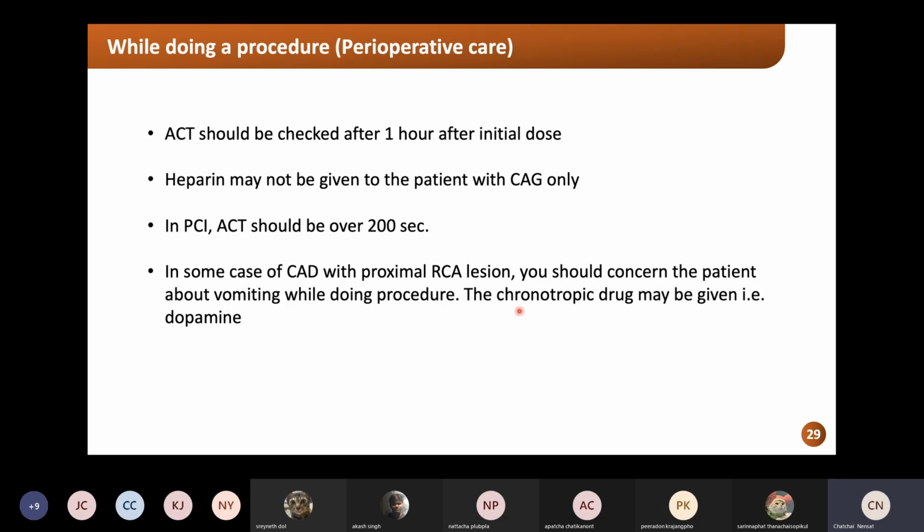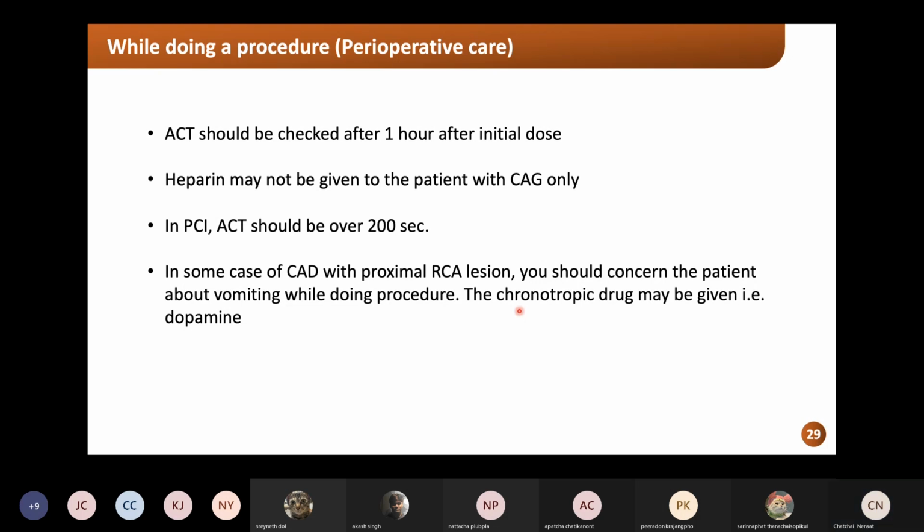But in case the patient has to do a PCI, the duration is really long, at least 1 or 2 hours. But in my experience, I have not seen a PCI take over 4 hours. Anyway, every hour you have to check the activated clotting time.